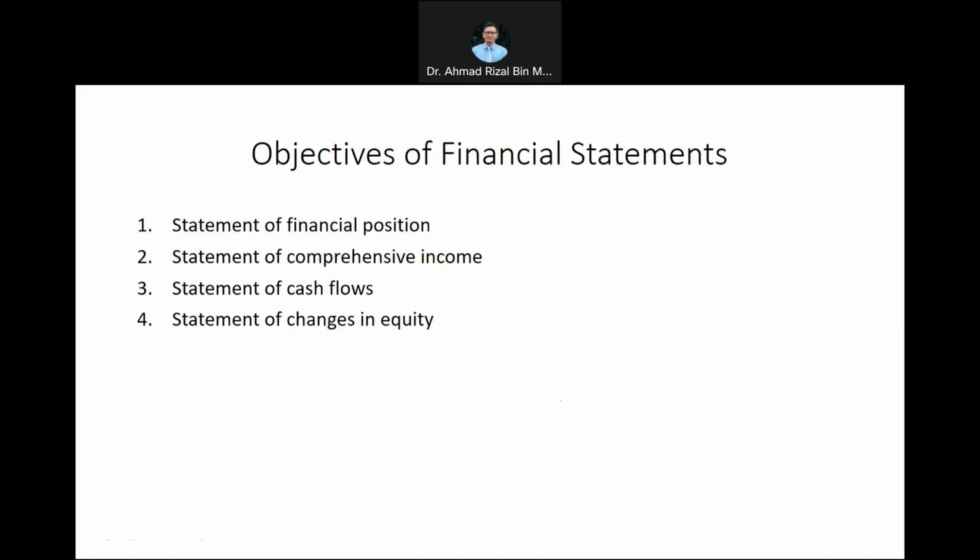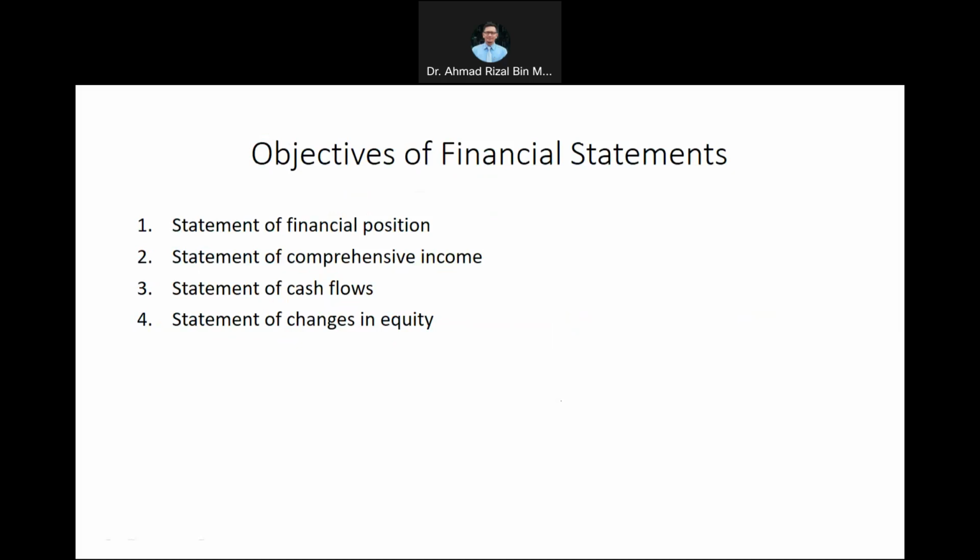So this is more like a snapshot. Snapshot means at that particular point of time, how much are the assets, liabilities, and equity of that company. And the figure that you see in the balance sheet is a culmination of all the changes that have taken place since the inception of the company, since the beginning.